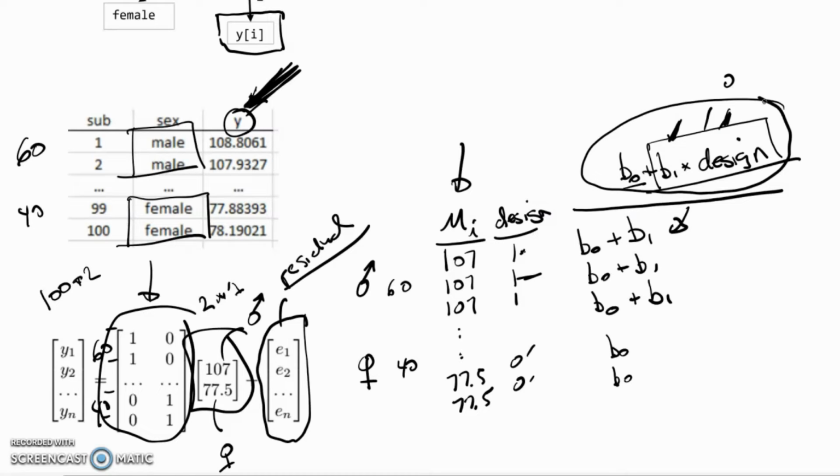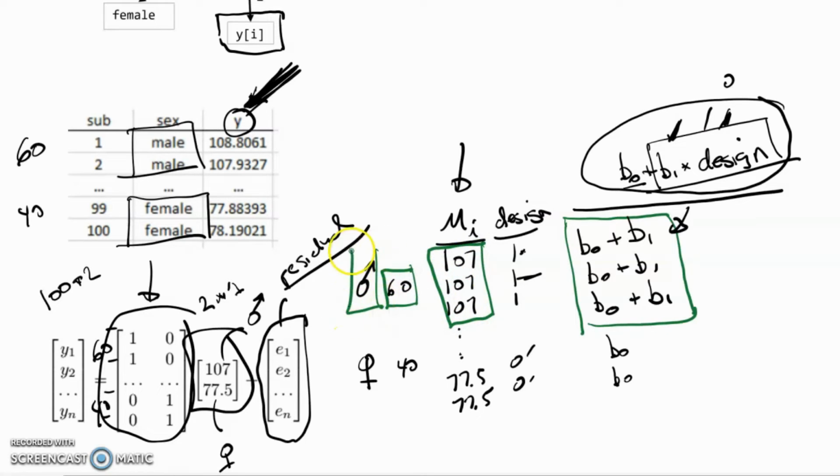And here's what we see. B0 plus B1 is equal to 107, which is the expected wing length of the 60 males, whereas B0 is equal to 77.5, which is the expected value of the 40 females.